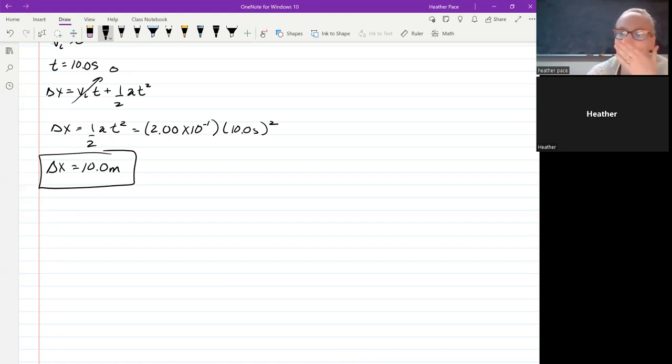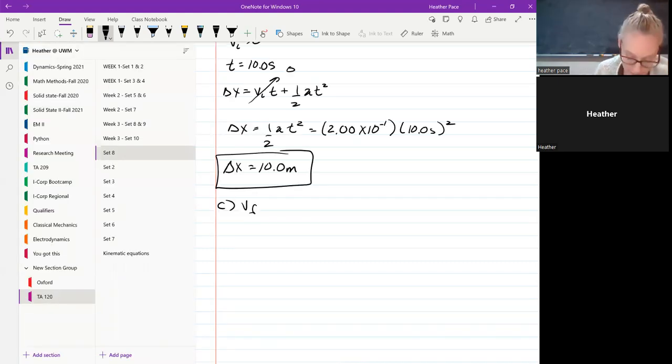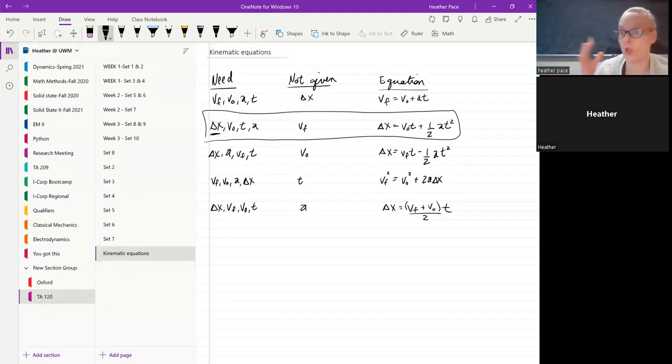C says, what will its velocity be at the end of that time? So now we're looking for VF. So we go back to our kinematic equations. Now we have almost everything that we need to solve anything in this equation.